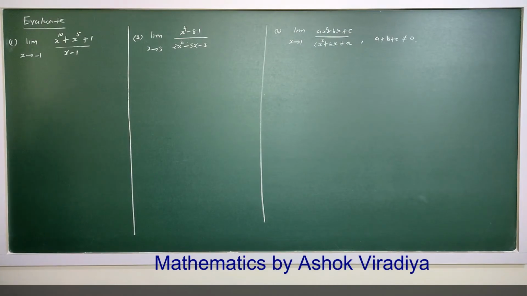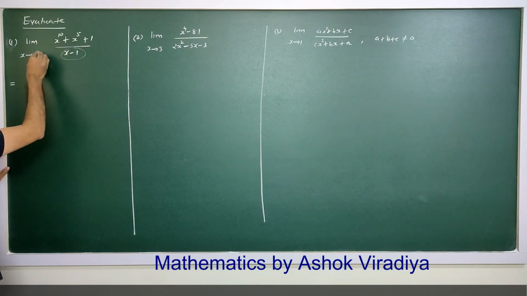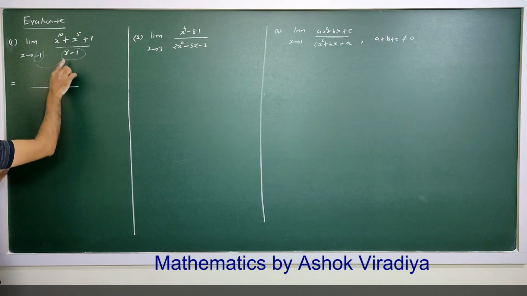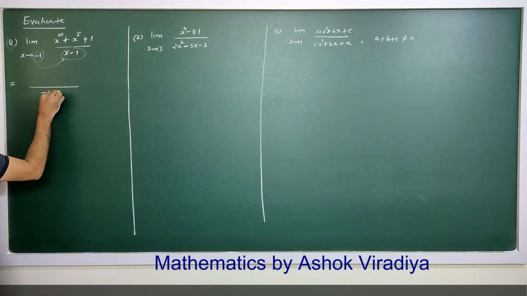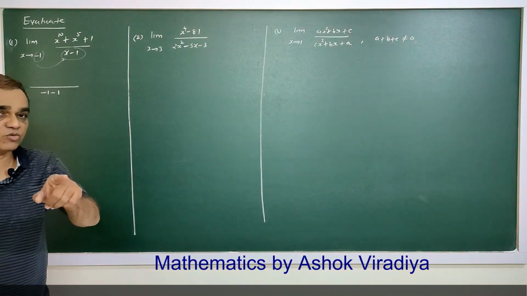To evaluate this function, say the first function, limit of this function as x tends to minus 1. To find limit of any function, if any rational function is given, always check the denominator. Put this minus 1 in the denominator. Minus 1 minus 1 is minus 2, and minus 2 is non-zero.